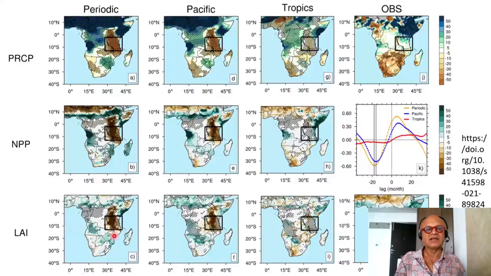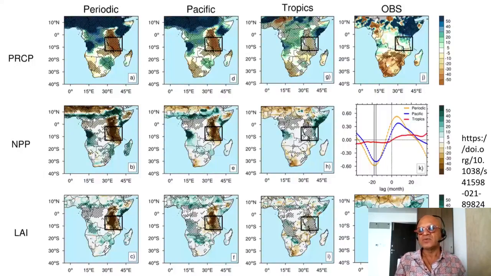So you can see that LAI response is not as strong and extensive as NPP. All for periodic variability as well as Pacific and tropical forcing, and this is the total in observations.